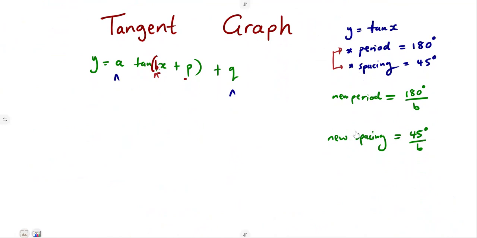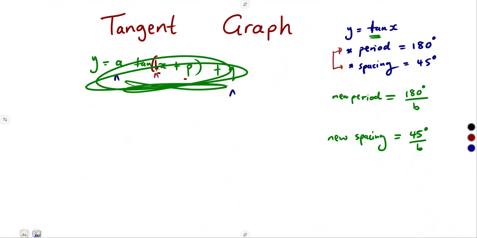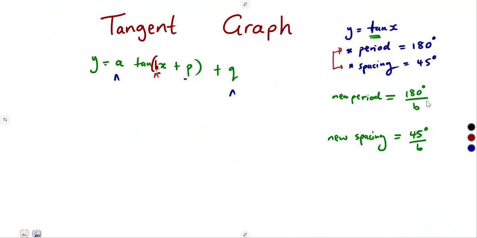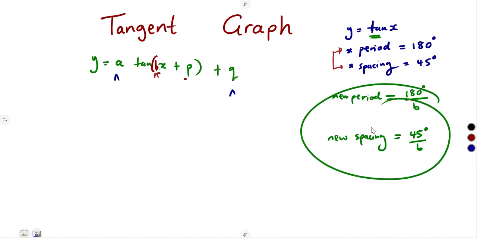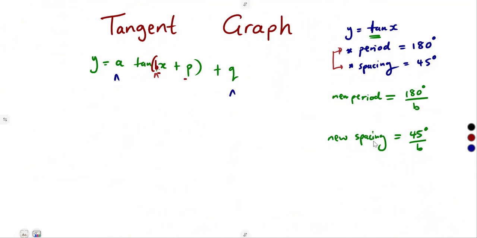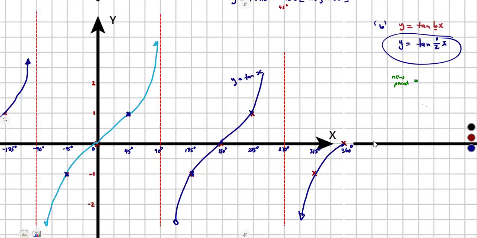So for a new graph, when there are effects like this where B is involved, that's where we have to consider the new period and the new spacing. In our case, the new period from the old period of 180, we divide by B. Our B is a half.